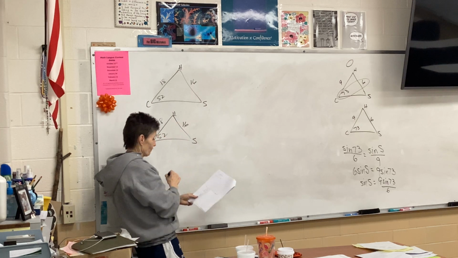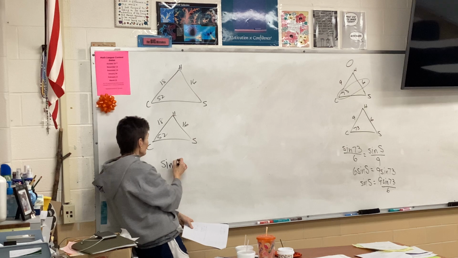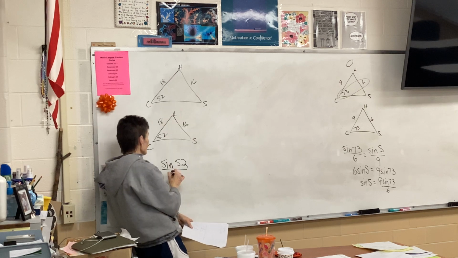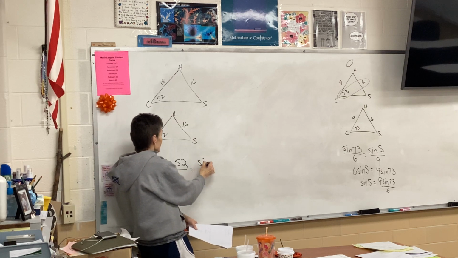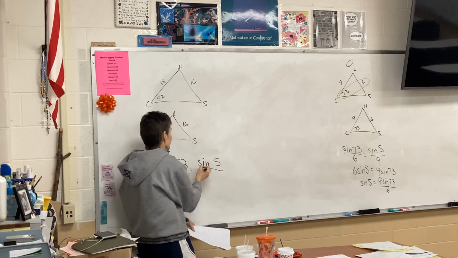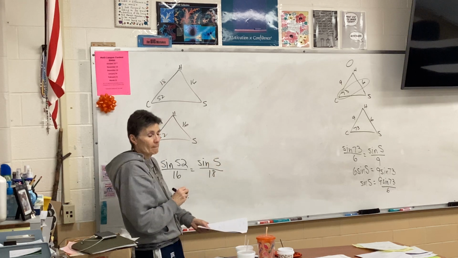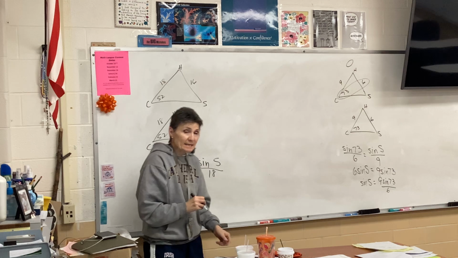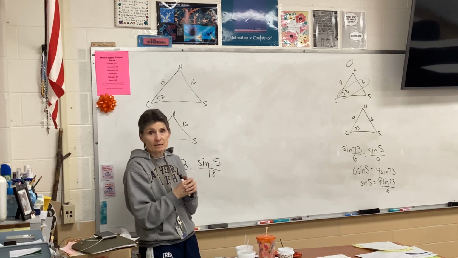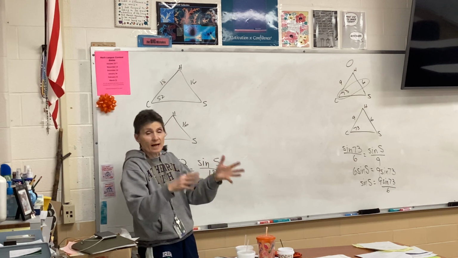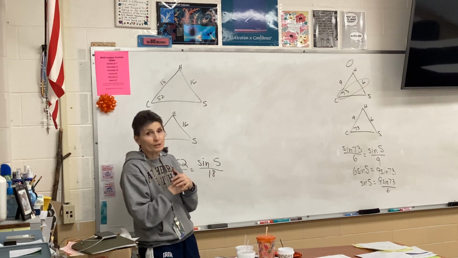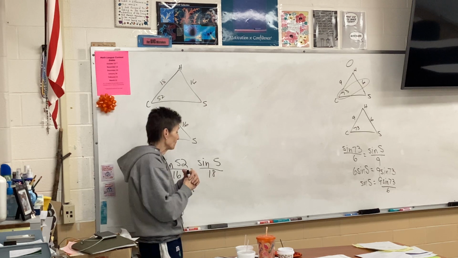So here we go. Sine 52 over 16 equals sine S over 18. Anytime you have sine S or sine A or sine F, whatever, you know you're going to do an inverse eventually.